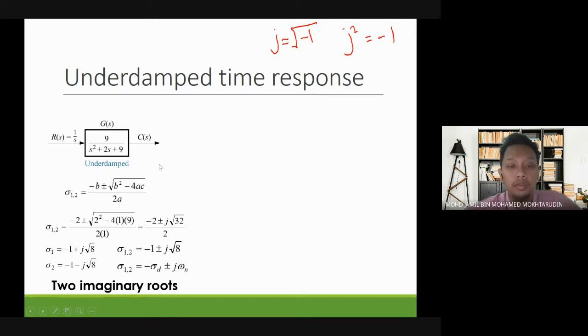And then you can plot the poles on the s-plane. Notice that in the s-plane, both of the poles have the same real value. The real value is at minus 1, but different in the complex value or imaginary axis value, which is j square root 8 and negative j square root 8.